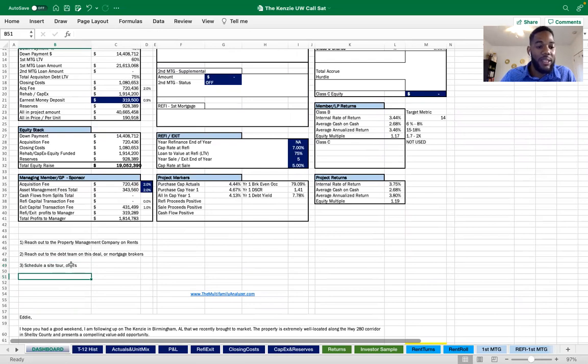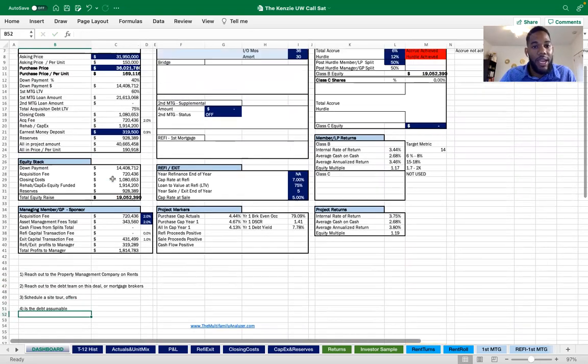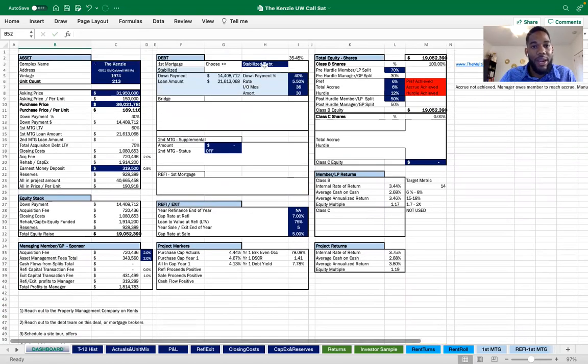Another thing we can ask is, is the debt assumable? In the current market, we're seeing an uptick in assumptions. If anyone on the call has feedback on that, I've been seeing a lot more assumptions mentioned in the initial emails and conversations from the brokers.